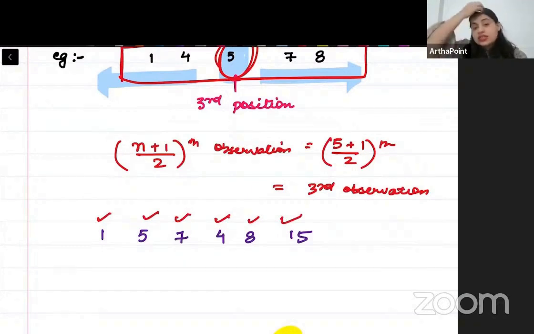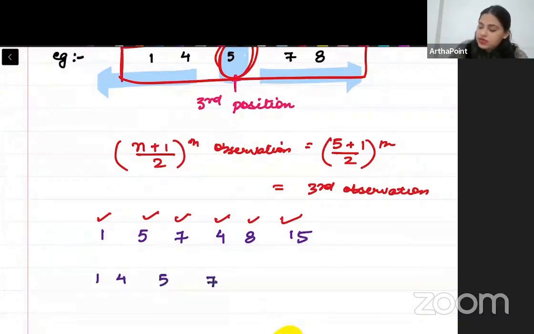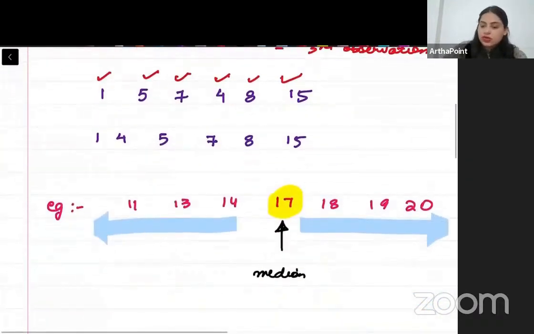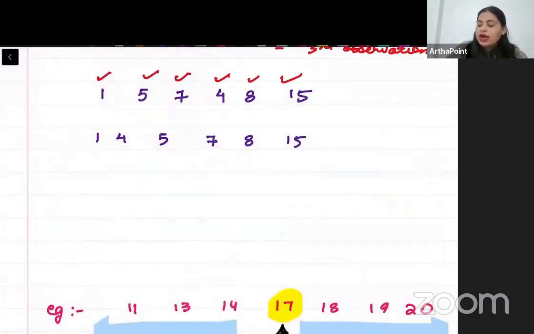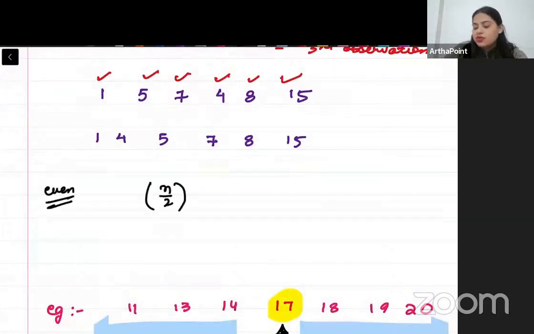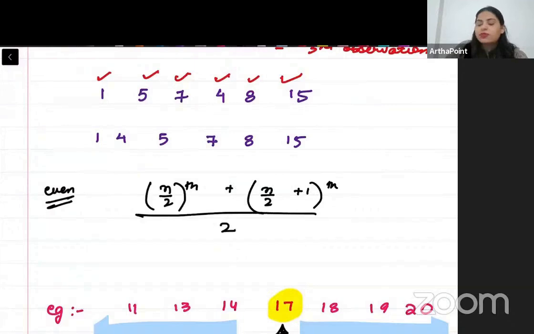Secondly, I can see that this is not in ascending order, so I must first put this in ascending order. So what will I do? I will put this in ascending order: 1, 4, 5, 7, 8, and 15. Now this is in ascending order. And now what I will do? I will use the formula that I know for even series, which will be n by 2th observation plus n by 2 plus 1th observation divided by 2.